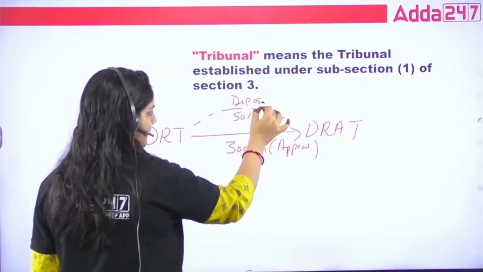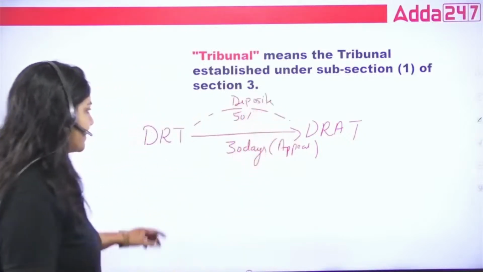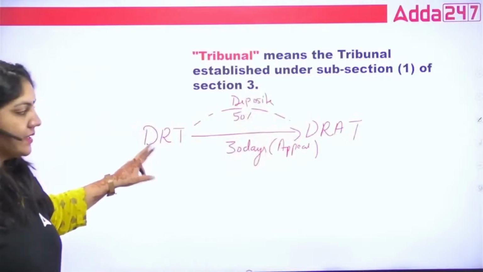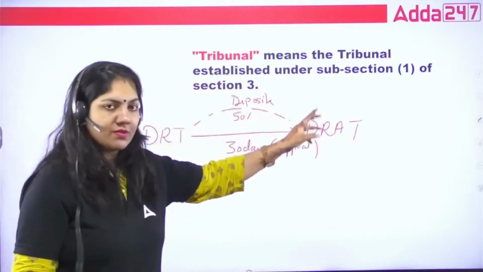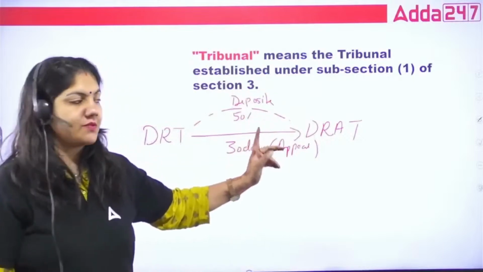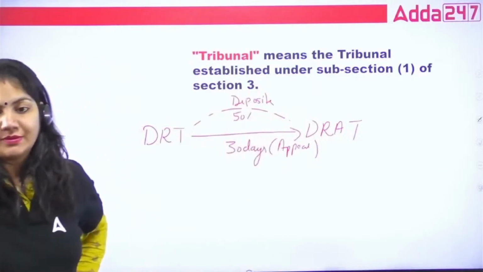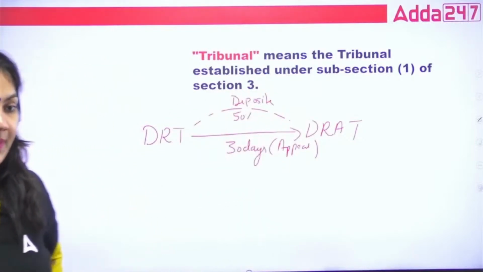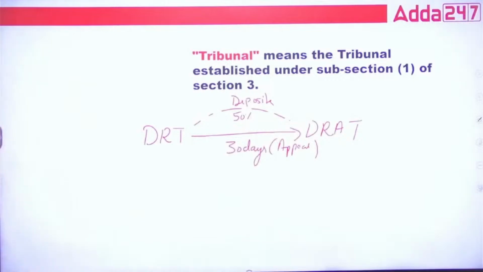Suppose you are not satisfied with the decision of the DRT, then you have to deposit 50% and after that you can approach for the appeal. This is very important, guys, very much important.